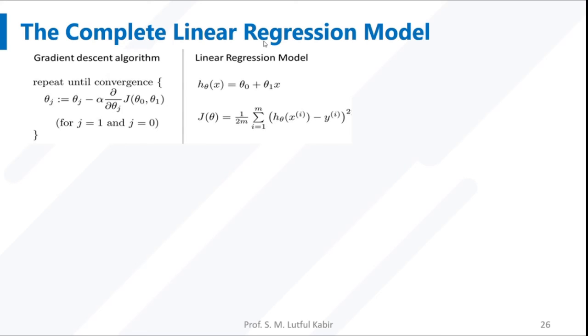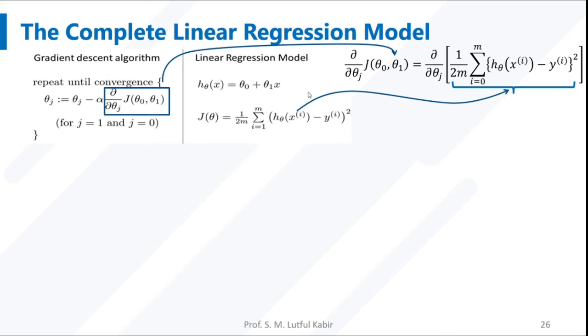We discussed the linear regression model where the hypothesis h(x) is equal to theta 0 plus theta 1 x, and we define the cost function as the average of the square error, where error is defined by the hypothesis minus y for different data. So you take the square of the errors and sum them together, i varying from 1 to m, and then take an average, 1 over 2m. You remember the 1 over 2 is not part of the average, but it is kept to make the formulation easier.